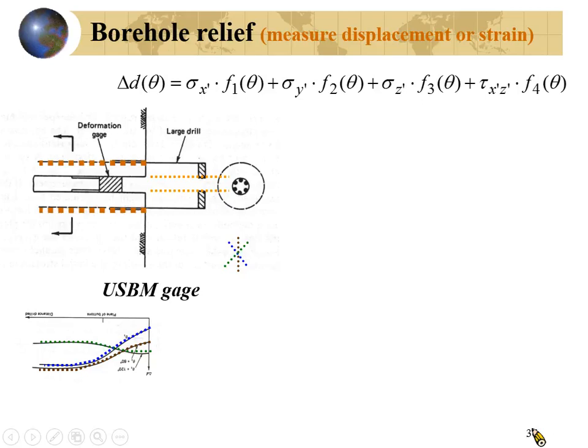So if you can determine this and you assume this equals 0, you have this, you have this, you have this, and you have this. And if you have two isolated locations, then you can obtain the components of the stress tensor in the global coordinate system, like I showed you. Okay.